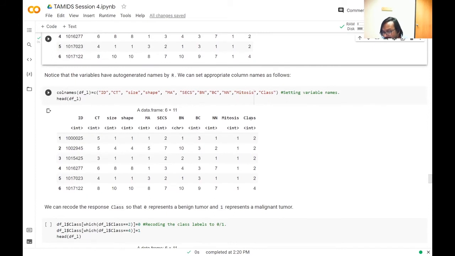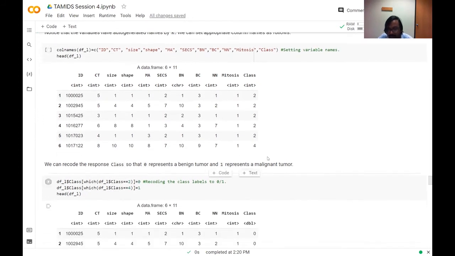Next, we would like to recode the class variable so that instead of it being 2 for benign and 4 for malignant, I want to represent 0 as a benign tumor and 1 as a malignant tumor. So I can use the following code, once again using the which function to recode the class labels to 0 and 1.